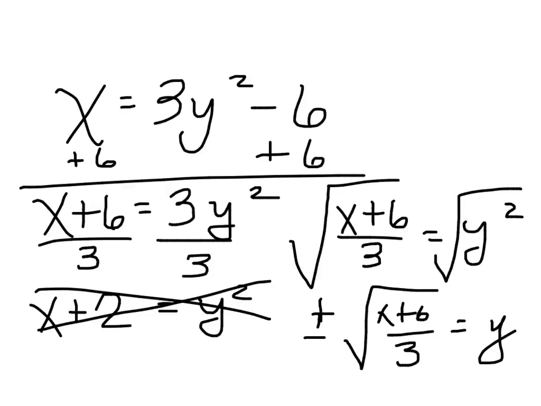Okay? On the newer calculators, the ones that when you hit square root, it comes up with the shadow box. Right? On the new ones, that's what I call it. Does that make sense when I say shadow box, by the way? Yeah. Okay? Then, be careful. This fraction bar needs to go over top of the entire thing. But if you type it like this, where it goes shadow box, and you type x plus 6 divided by 3, that's wrong.